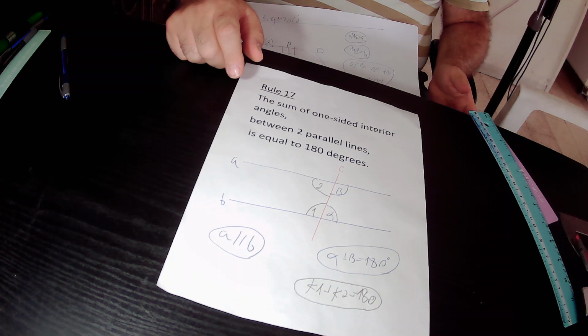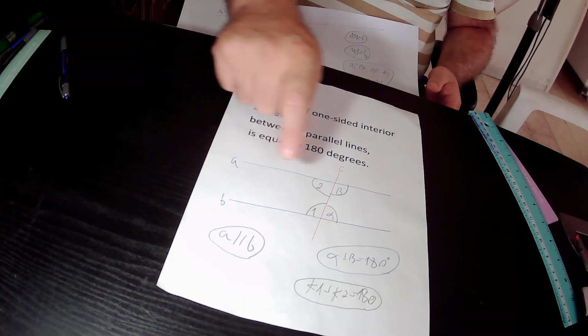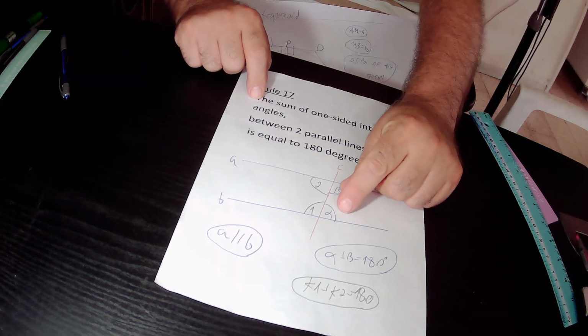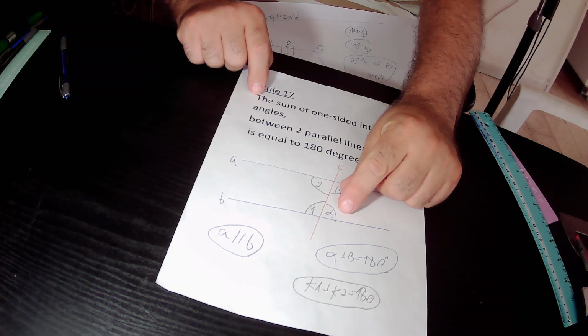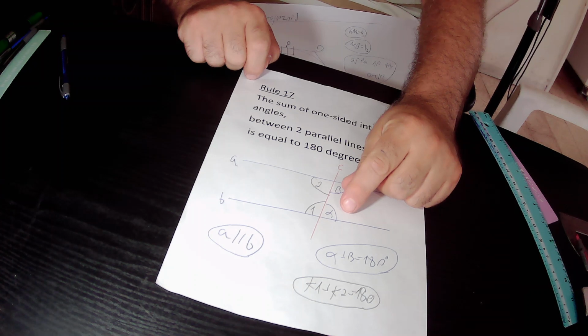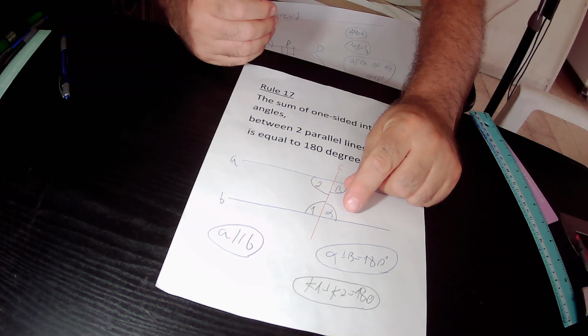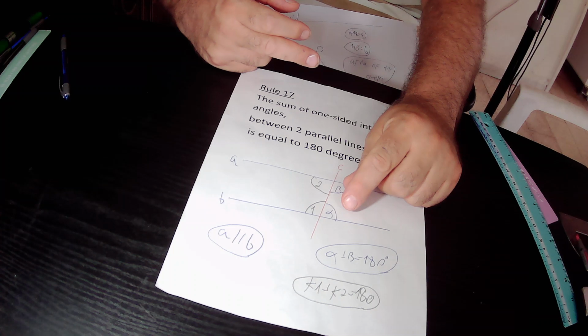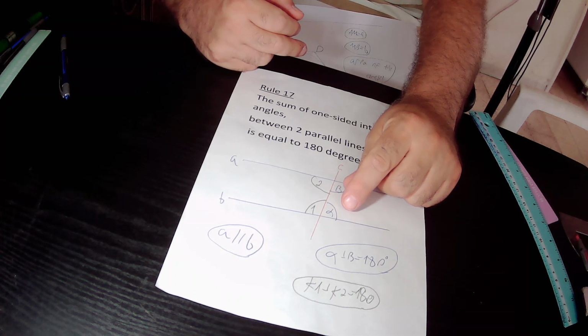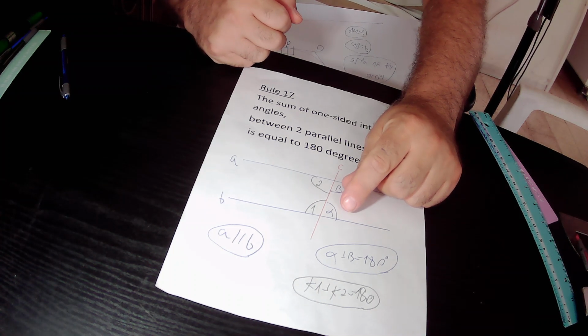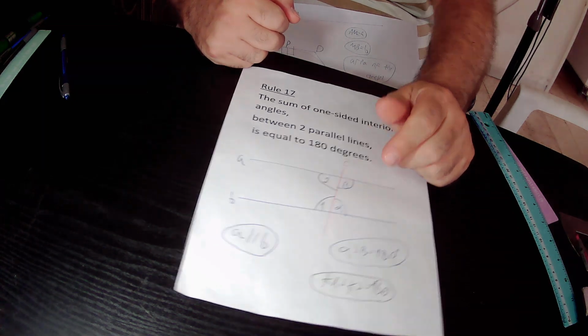So in the drawing we have line A that is parallel to line B. Those two angles are both defined as one-sided interior angles. Because those two angles, alpha and beta, are one-sided interior angles both located between the parallel lines A and B, according to rule 17 the sum of those two angles is equal to 180 degrees. That is to say, alpha plus beta is equal to 180 degrees.